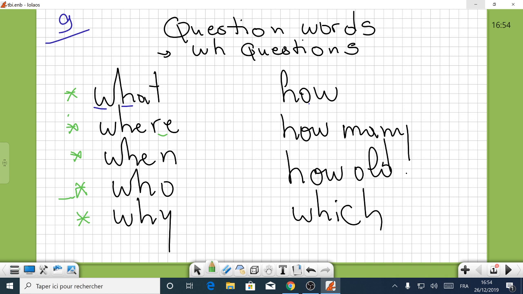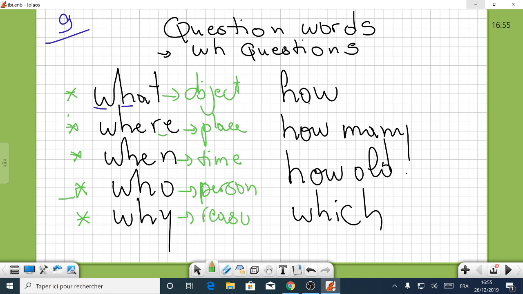We use what to ask about objects, and where for place, and when for time, and who for person, and why for reason. For reason. Now let's go to the next.